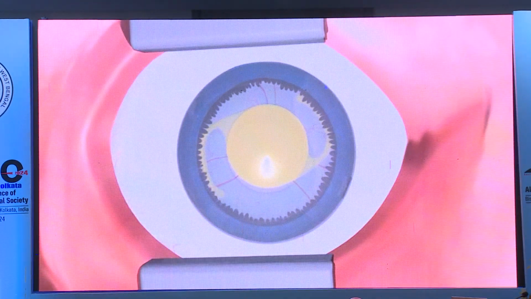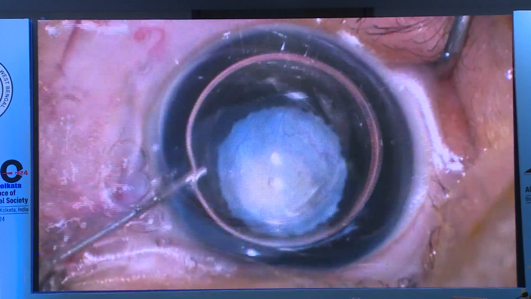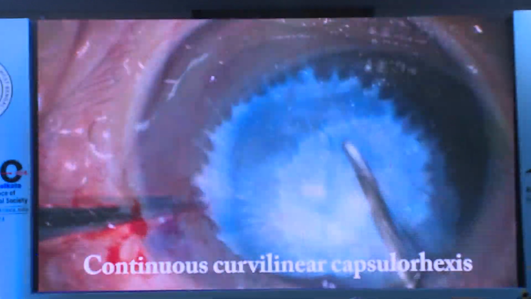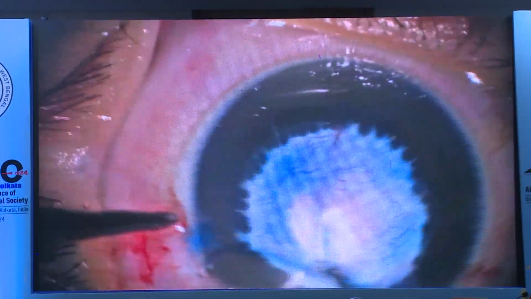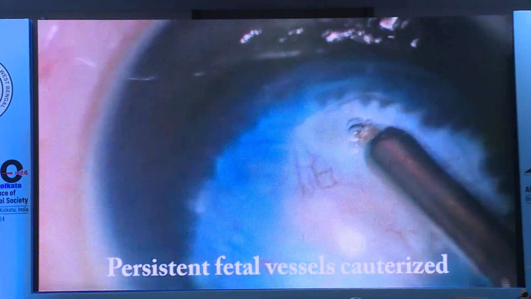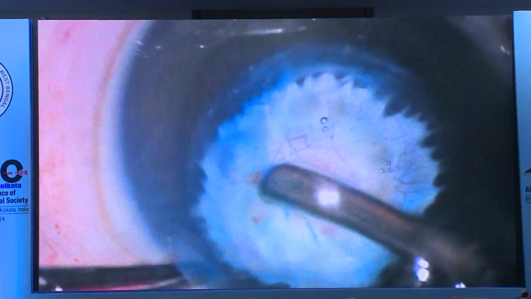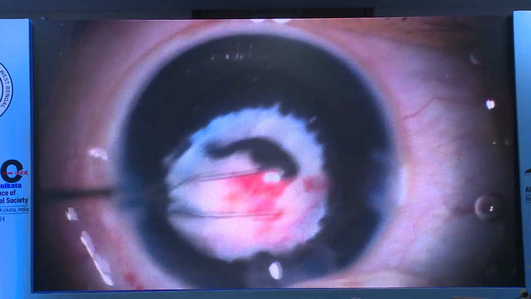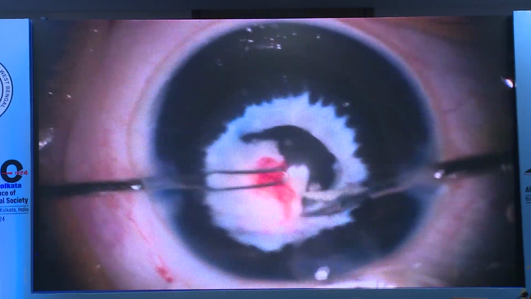These are the animations, and then comes a real case, a 2-year-old child with persistent fetal vasculature, and there is a thick vascularized membrane, very thin anterior capsule, but we could achieve a perfect rhexis. Cauterization of the vascularized membrane, and it is difficult to cut it with the retractor.